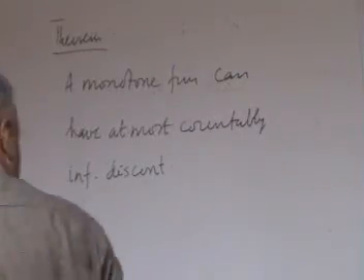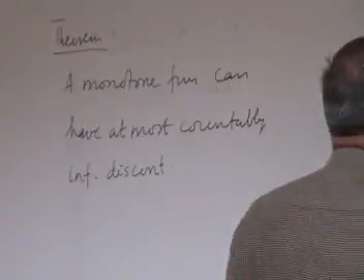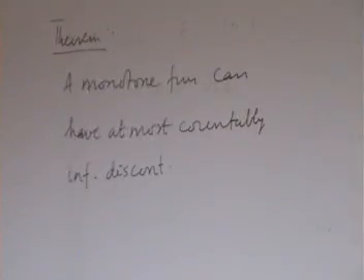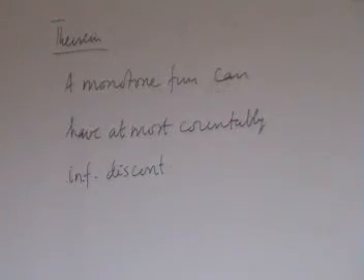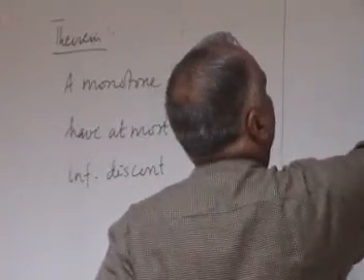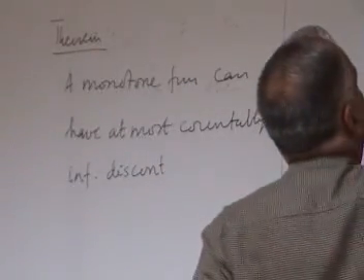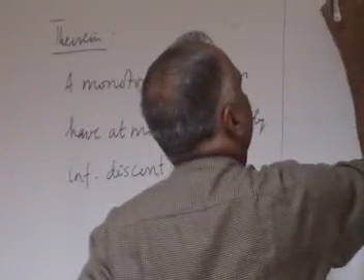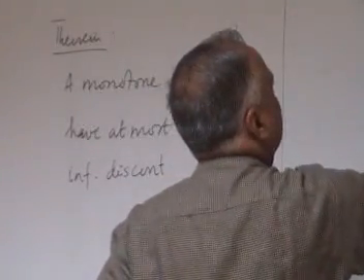Now it's a good question. Given any countably infinite set, you can always construct a monotone function which has this as its set of discontinuities. Let me write that first.